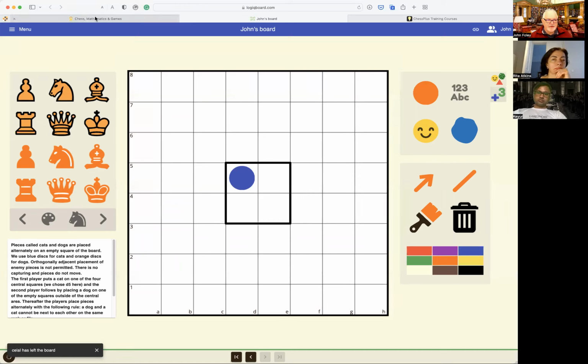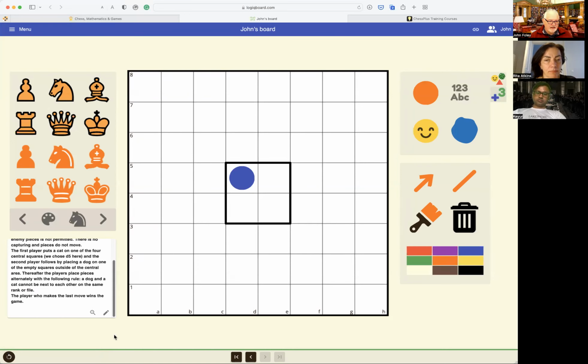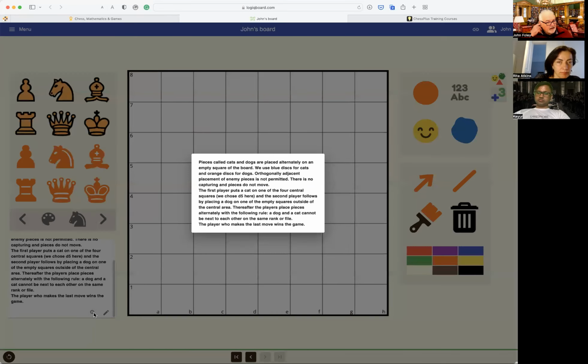Does anybody not know the rule for Cats and Dogs? The rules are, in any case, in the notepad attached to the board.